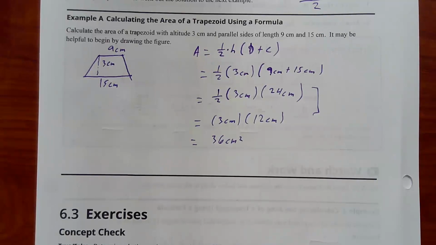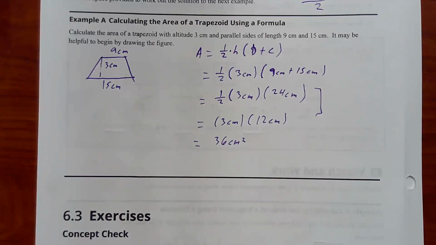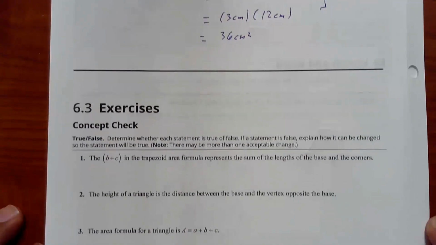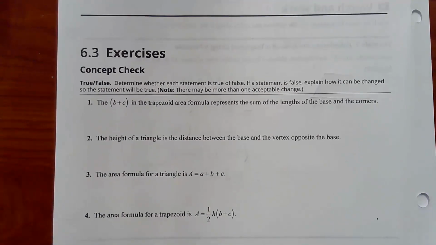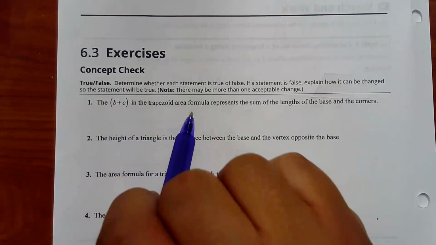Okay, which one are we doing? Are we doing the bottom of the exercises? Yeah, we're gonna start these now. Is number 1 true? What is B plus C in the trapezoid area formula?